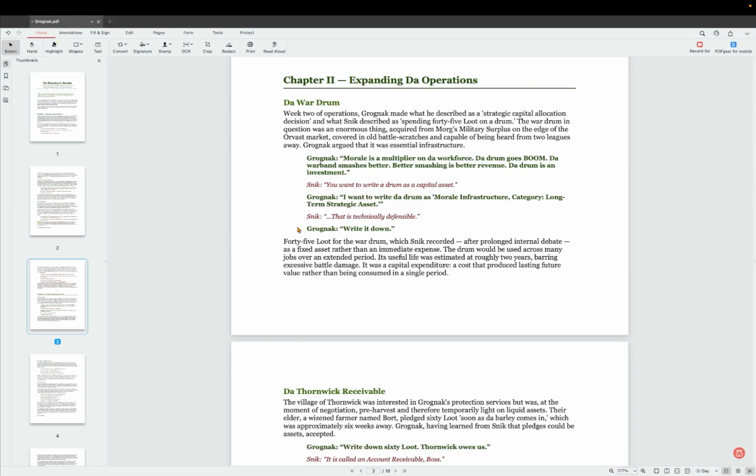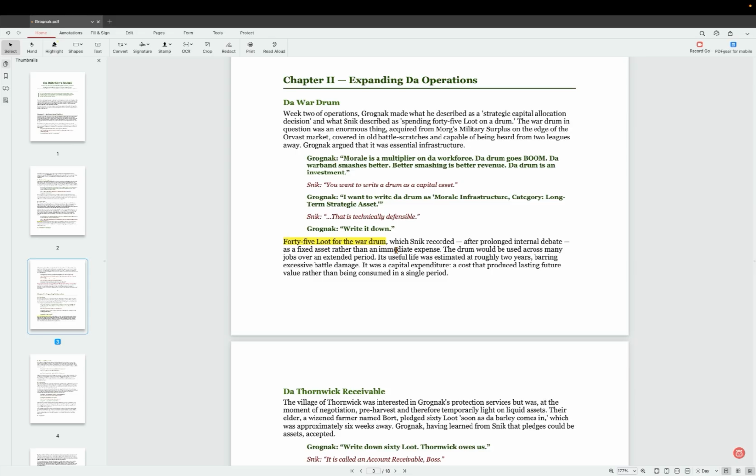Now I identify the fourth transaction before recording the accounting entry. In this transaction, the company purchases a war drum for 45 loot. It paid in cash. How do we know?